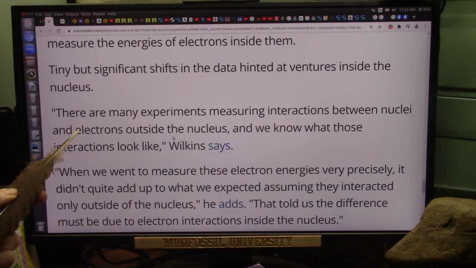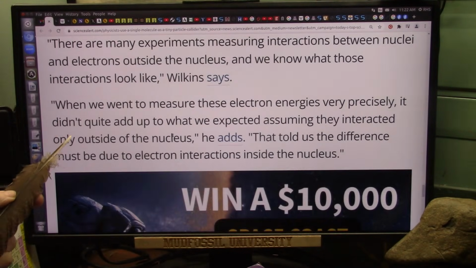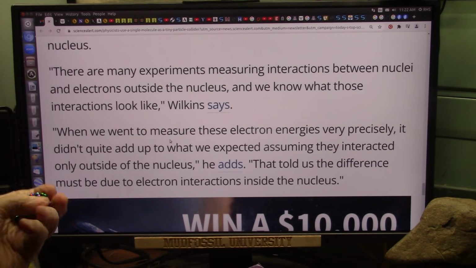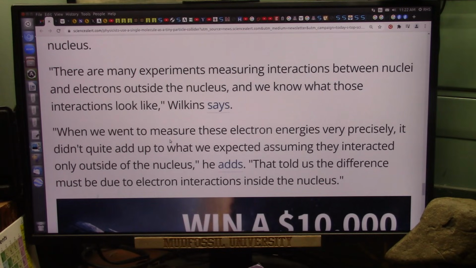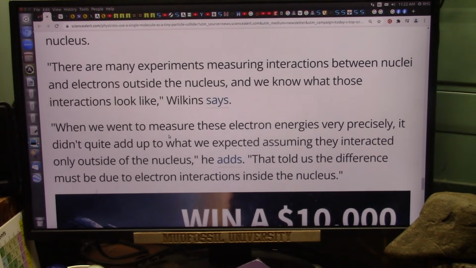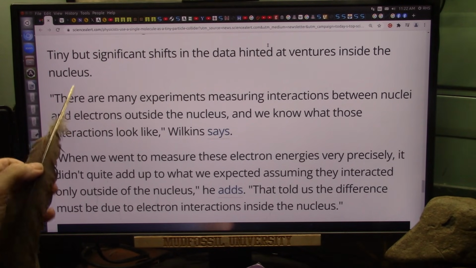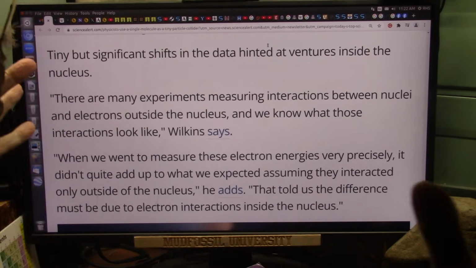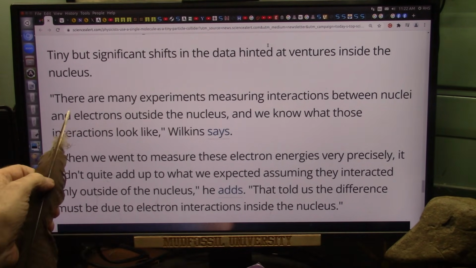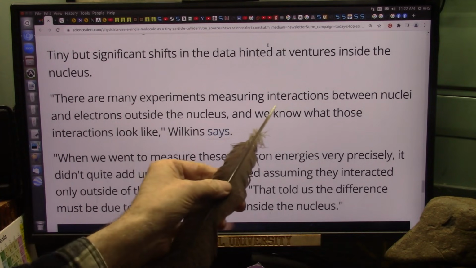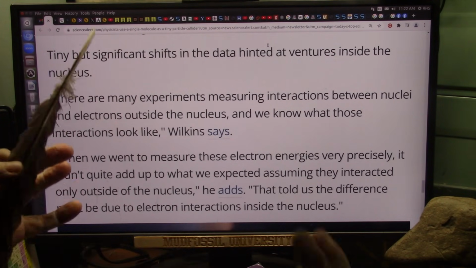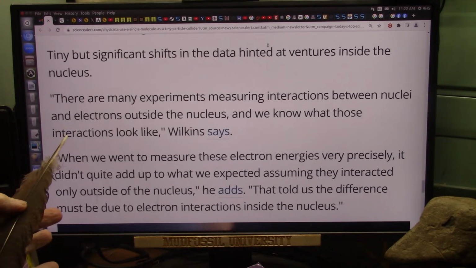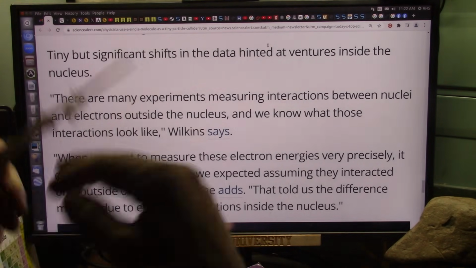Wow. I've got to be honest with you, I think they need to understand dipole electron flood theory, but I would like to see the results of what they came up with. All right, now they say in the big particle colliders, this is outside of the nucleus, they're smashing particles together. So they know there are many experiments measuring the interactions between the nuclei and electrons outside of the nucleus, and they want to know what happens inside the nucleus.